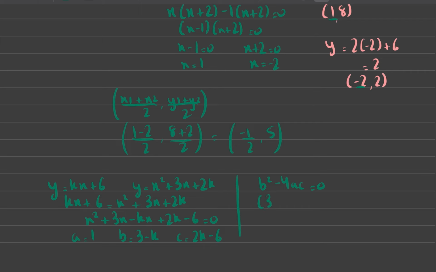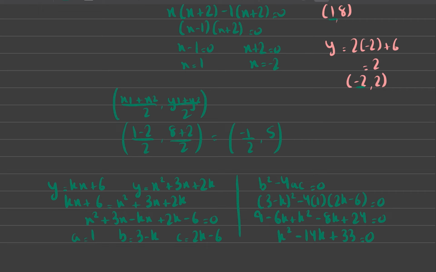What's b? 3 minus k whole square minus 4 into 1 into 2k minus 6 is equal to 0. 9 minus 6k plus k square minus 8k plus 24 is equal to 0. So k square minus 14k plus 24 plus 9 makes what? 33. Now what are the factors of 33?